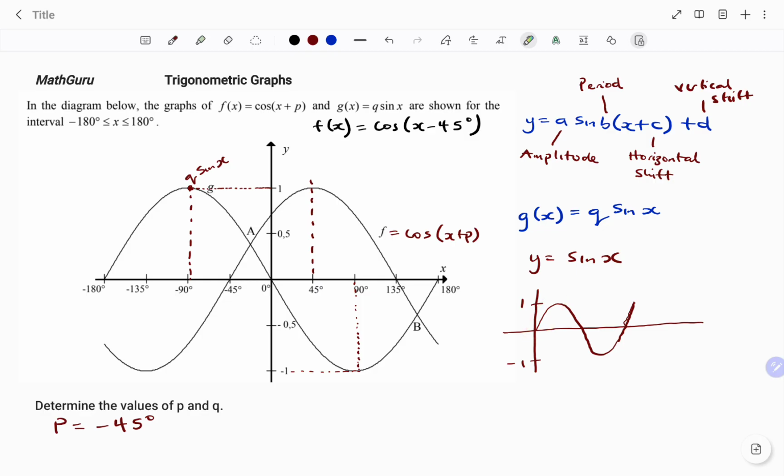But if I go back to my graph from 0 degrees, you can see that my graph is decreasing. So what that means is my graph has been reflected about the x-axis.